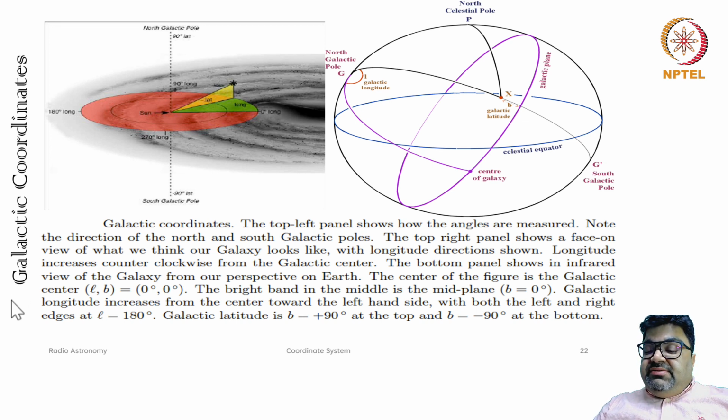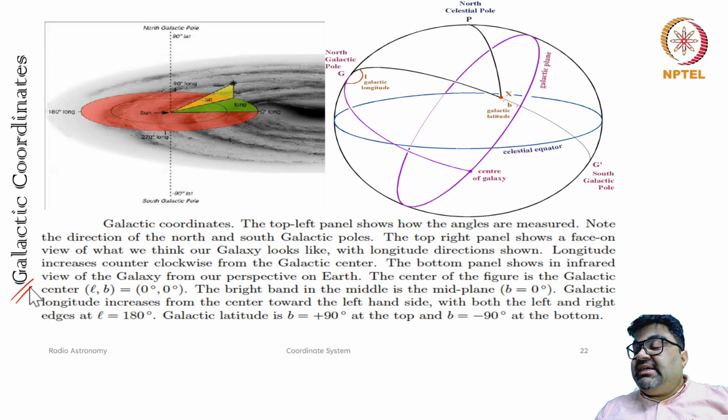Another coordinate system we wanted to define was the galactic coordinate system. Very widely used initially because a lot of the sources were of galactic origin, so the source localizations were almost in the galactic plane. So that's where we started from. So we just briefly discuss this.